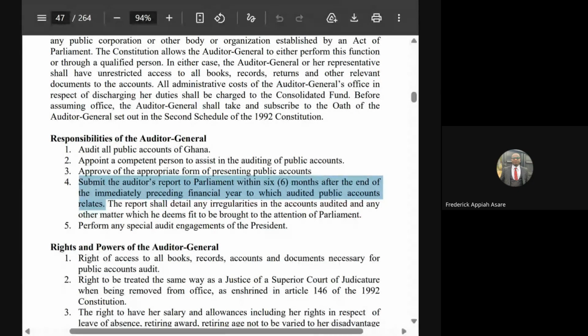They will submit from now till June, that is after the preceding year. They will send all the auditing reports so that Parliament will see where there were misappropriations, where funds were not used efficiently. They will send it to Parliament. Parliament will debate over it. If there is a need to invite the legal side to come in, they will come in.